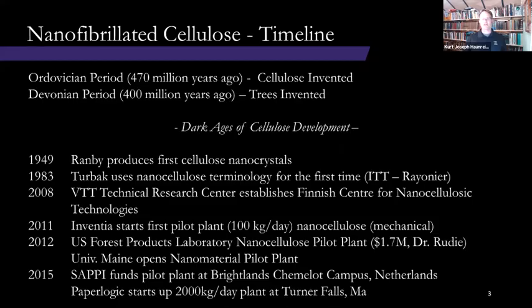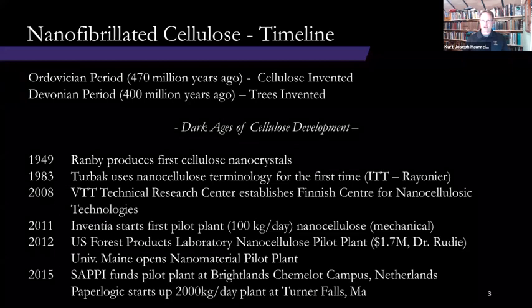It wasn't until 1983 at ITT Rayonier, and Mike might correct me, but I believe Mike actually worked at Rayonier. I'm not sure he worked in their research group, but for some reason, I think he may have worked with those guys. So they had a big research facility in South Carolina, and that's the first use of the term nanocellulose. And they made nanofibrillated cellulose for the first time.